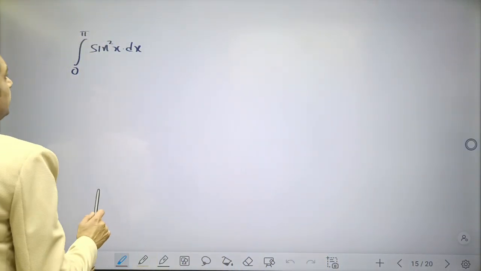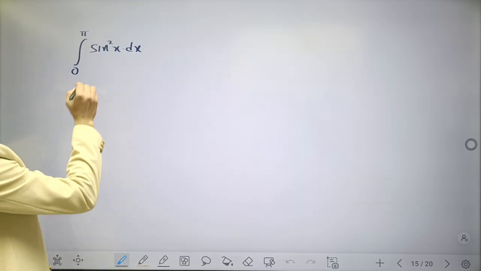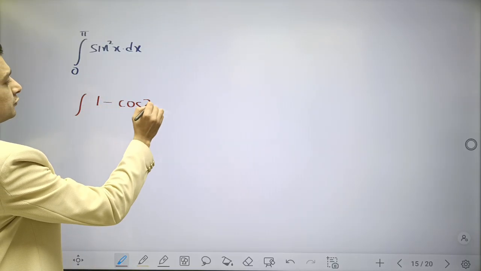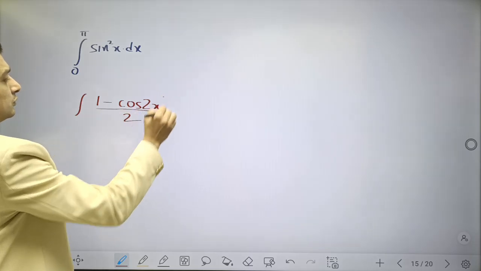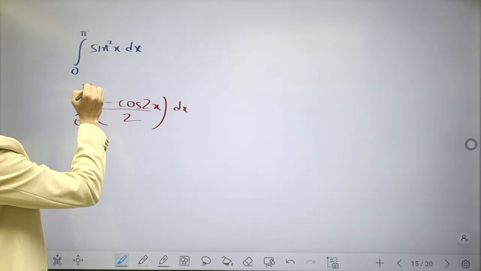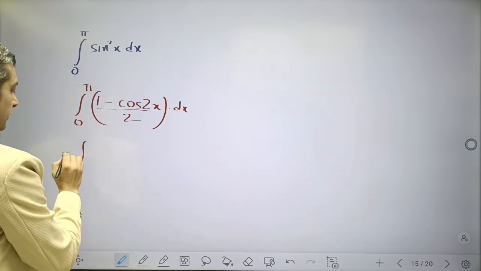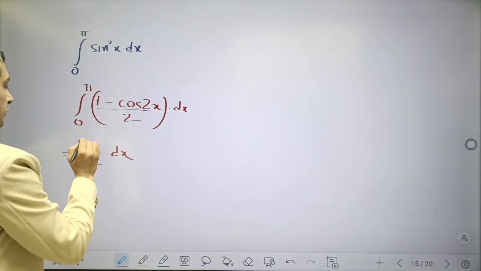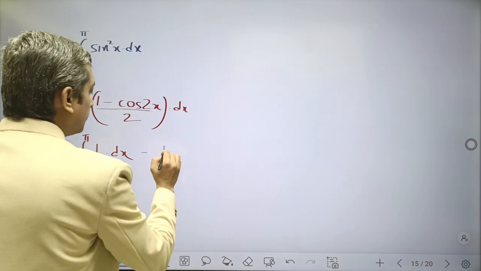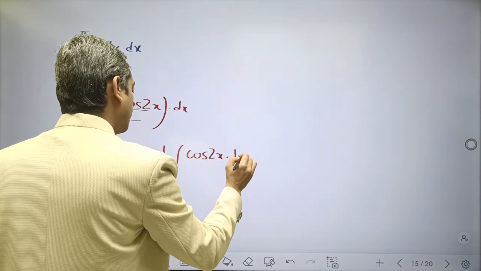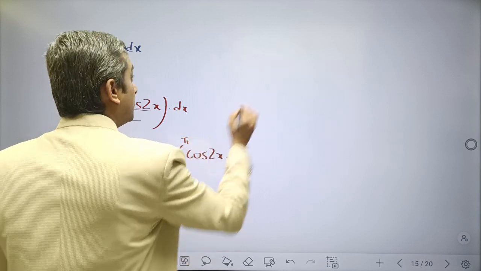Next, now here this is sin square x. So this sin square x can be written as 1 minus cos 2x by 2. Now put the value from 0 to pi. Now this can be written as 1 by 2 from 0 to pi minus 1 by 2 cos 2x from 0 to pi.